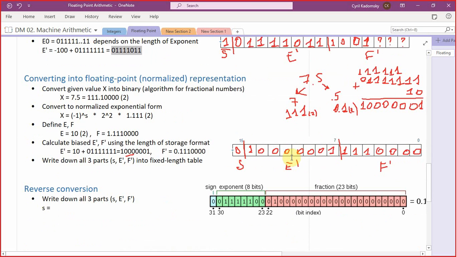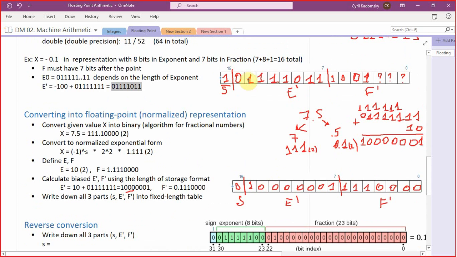Once more, if in the result the first bit is 0, it means that the exponent is actually negative, because every time we subtract anything from this number, the first bit is going to remain 0. When we add anything to this number, if the exponent is positive, then we're going to have a carry to this bit, and it will become 1, as we had in the second example, which will signify that the exponent is positive.